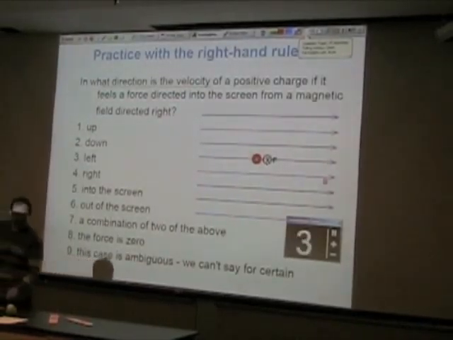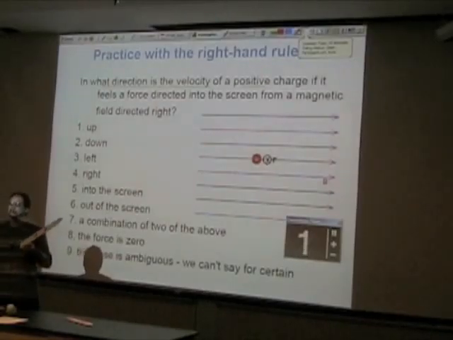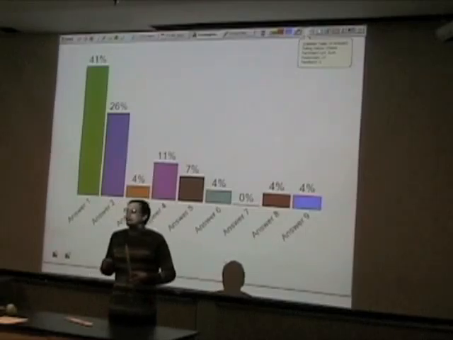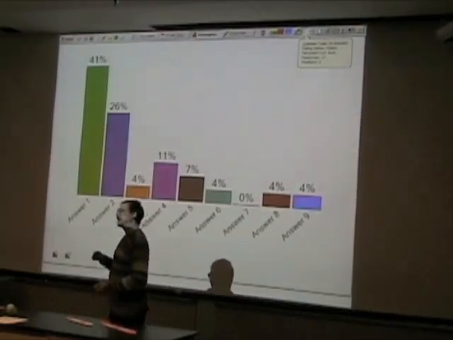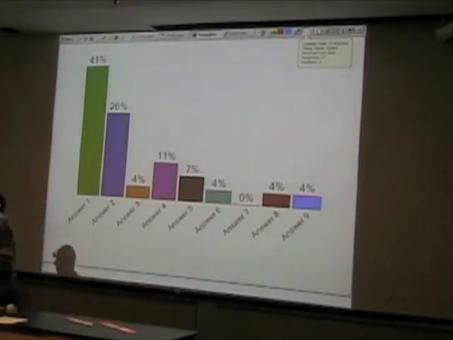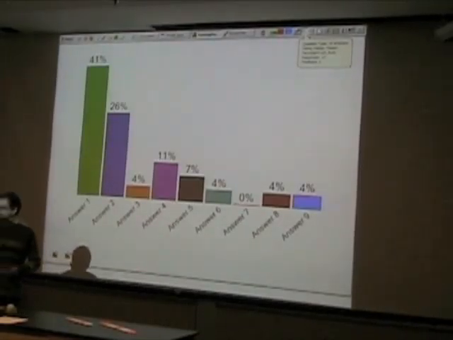We know that one arrow must represent the force. We know that one arrow must represent the magnetic field. And we know that another arrow must represent what? Velocity. That's a common misconception.